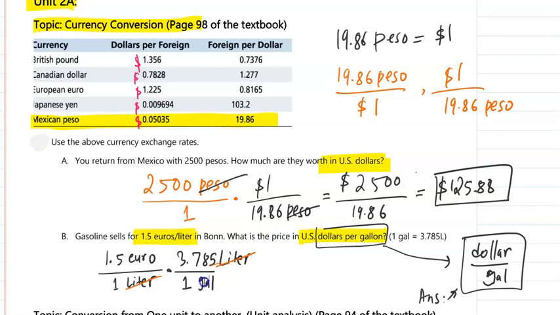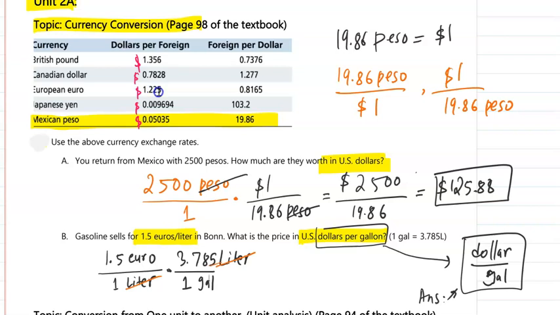There is a gallon here in the bottom, which is what I want in the answer. Now look at the euro. The euro must be cancelled, and you need to change to the dollar. Let me see how much euro equals how much dollar.